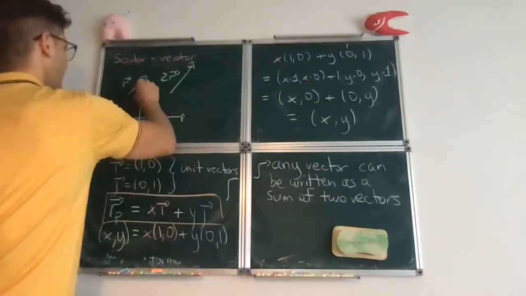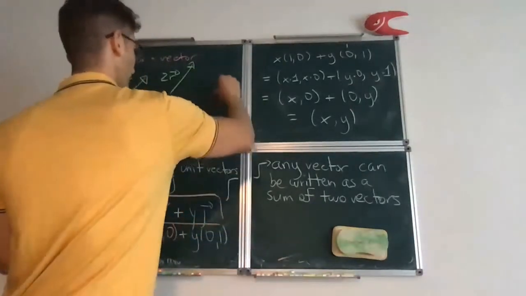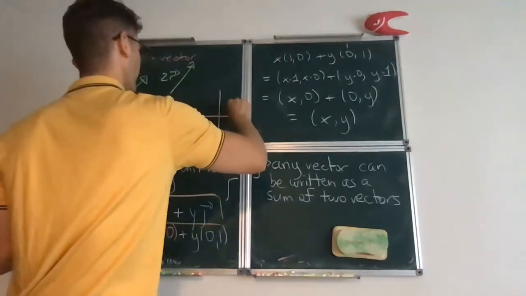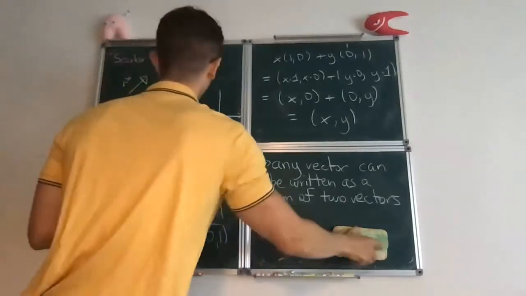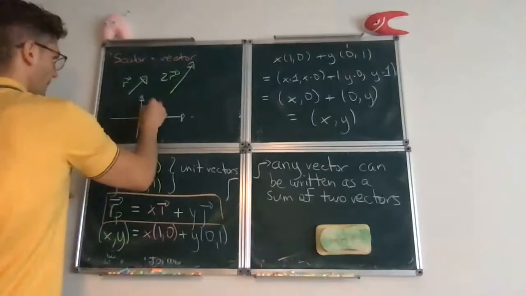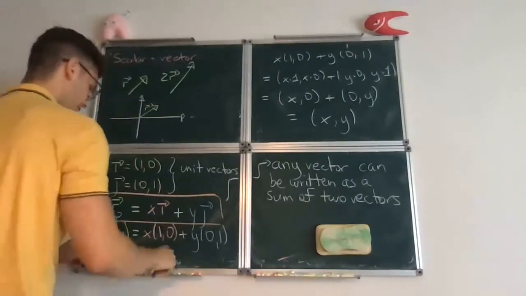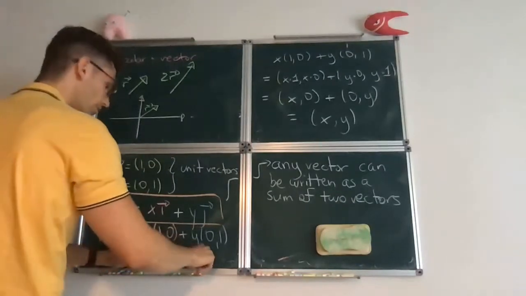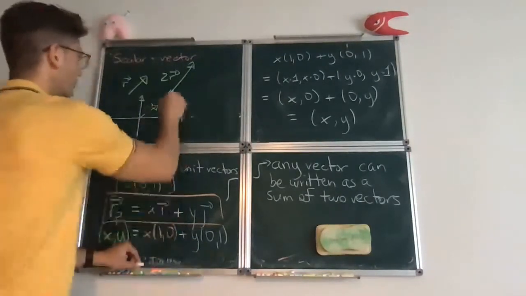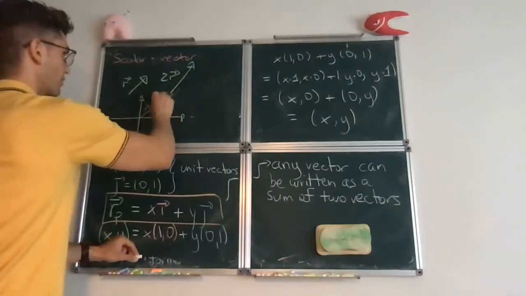But now the way in which we're thinking about this is that you can move the vector r to the origin, okay? And when you move the vector r to the origin, you can also move the vector 2r to the origin. So it would be on top of the vector r.